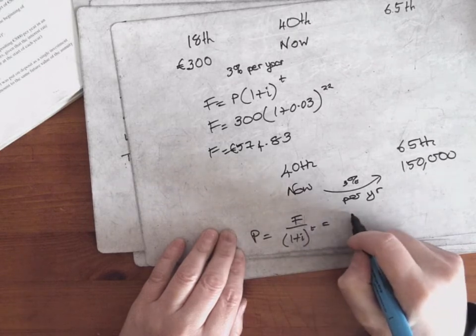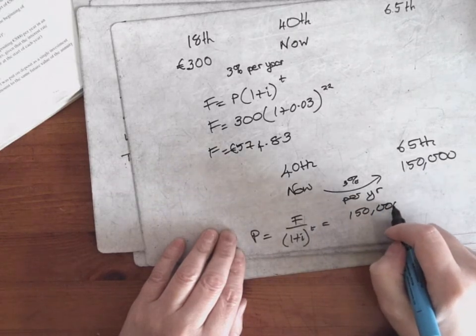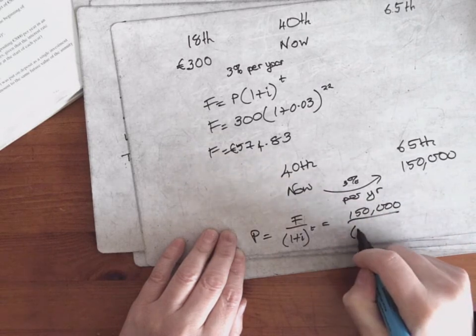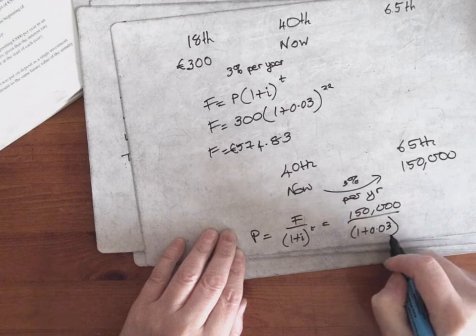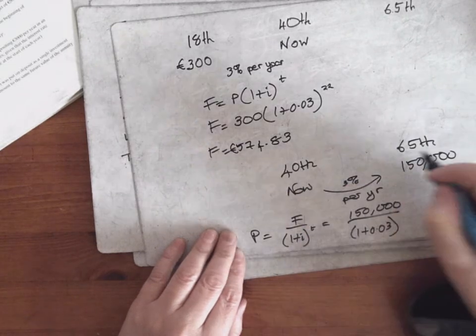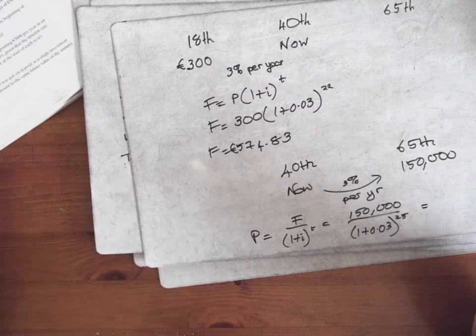So it's 150,000 divided by 1 plus 0.03 all to the power of time. That's 25 years, isn't it? Okay, so into the calculator with that.